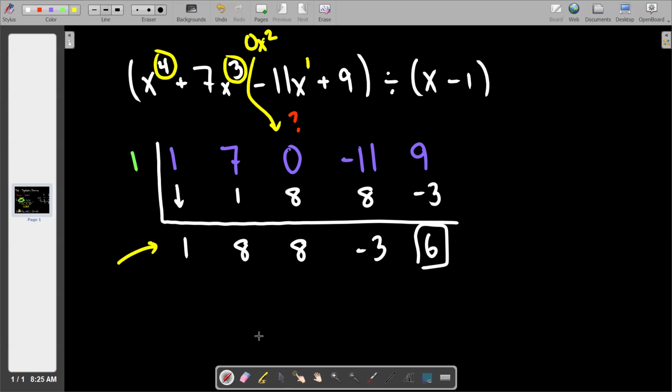And eventually we're going to start multi-stacking synthetic division where you smack it, knock it down, you smack it again and knock it down again. You can do this over and over again, and I won't show you that today, but it's coming. So in the meantime, it started with a degree of 4, which means that these numbers right here are going to be a polynomial with a degree of 3.